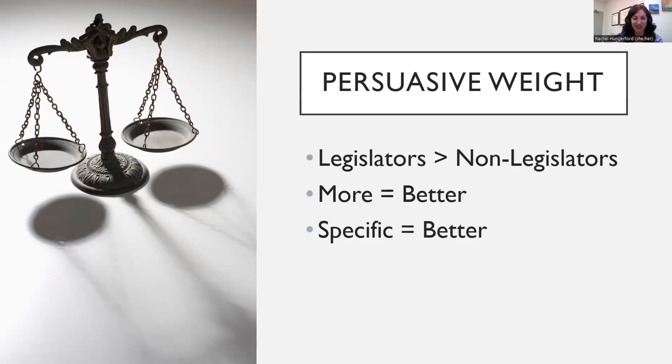A little bit later, I'll talk more about some of the critiques that are out there of just why we even resort to legislative history as a marker of legislative intent. And I think many of those critiques are valid.